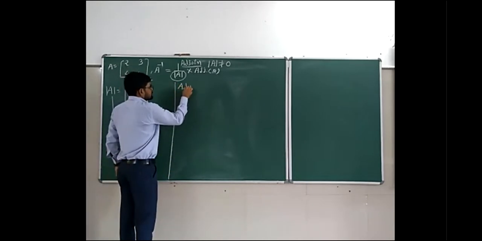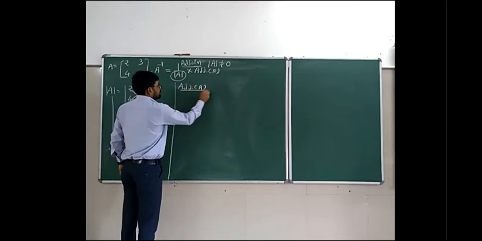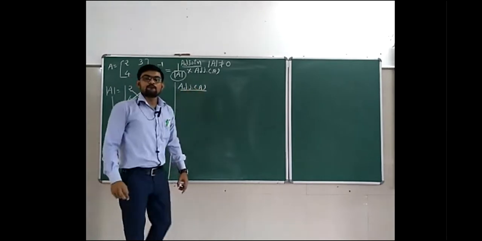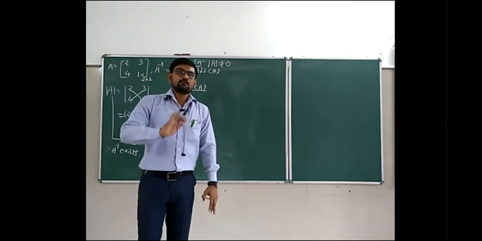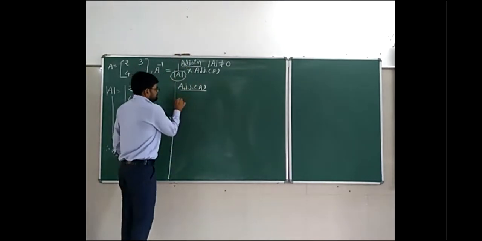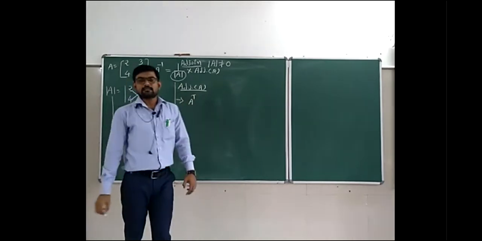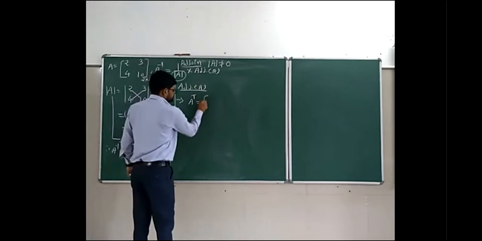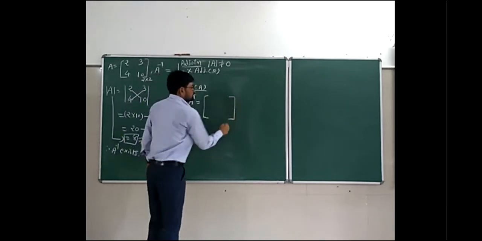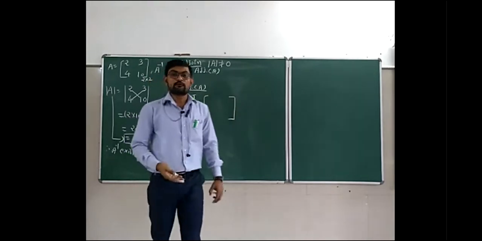So the adjoint of A. Now to find the adjoint of matrix A, we have to follow 3 steps. Step number 1, find A transpose. Now you know very well, we have seen in the definition how to find A transpose.